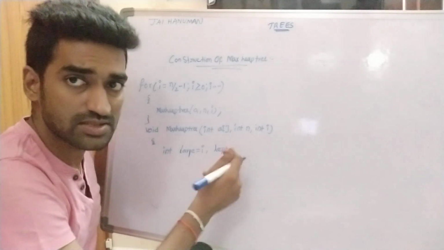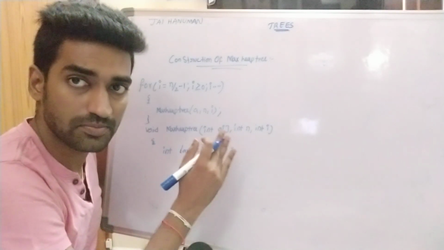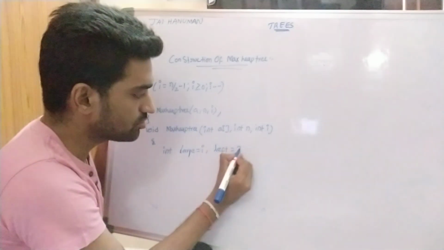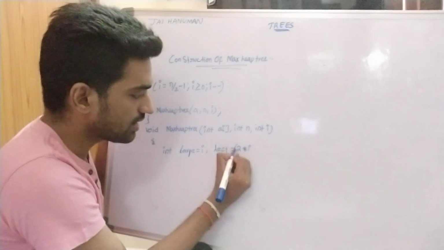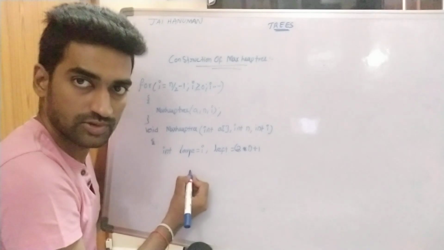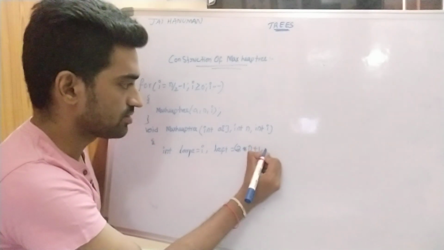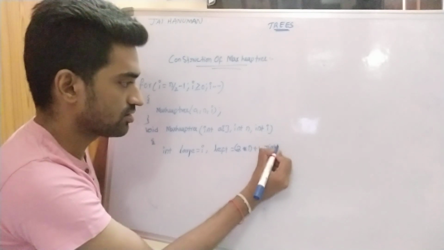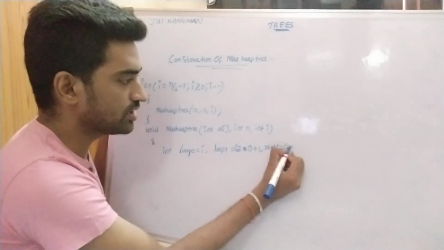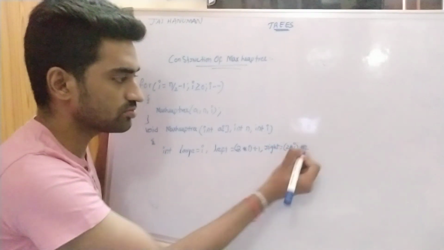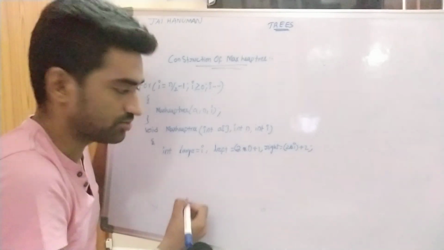The left position is 2 into I plus 1. Then what is the right position? Right is equal to 2 into I plus 2, right?